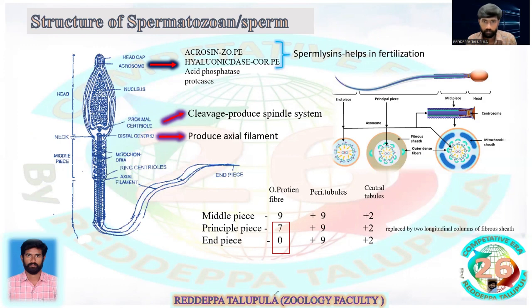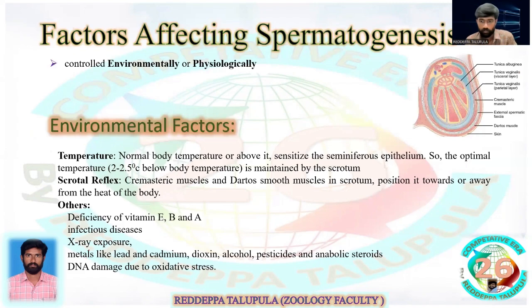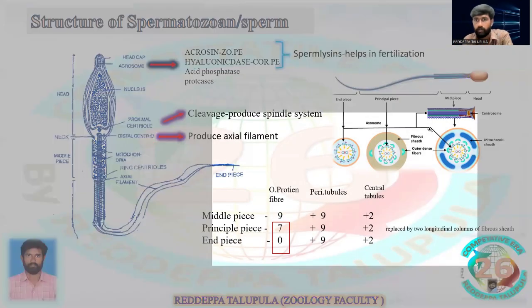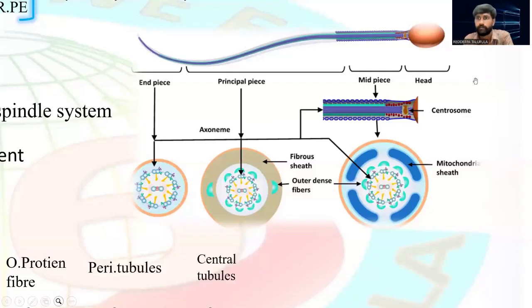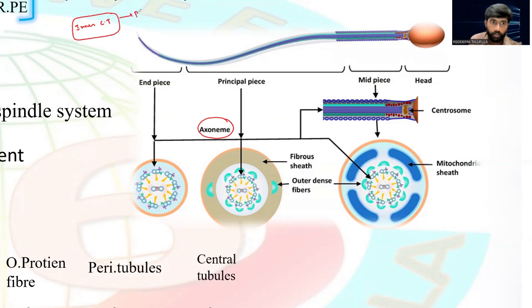See, axoneme will be present. In the central axoneme, there will be inner central tubules. Around that there will be peripheral tubules.